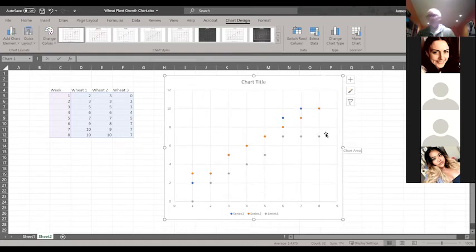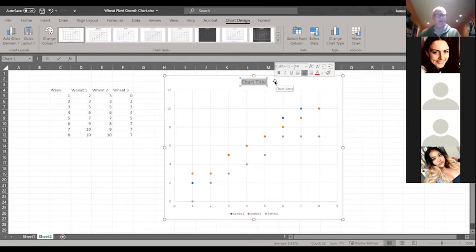Here we can change the chart title. We can just click on that. Say I want wheat plants, time versus height. So there's my title, and then I move this over.